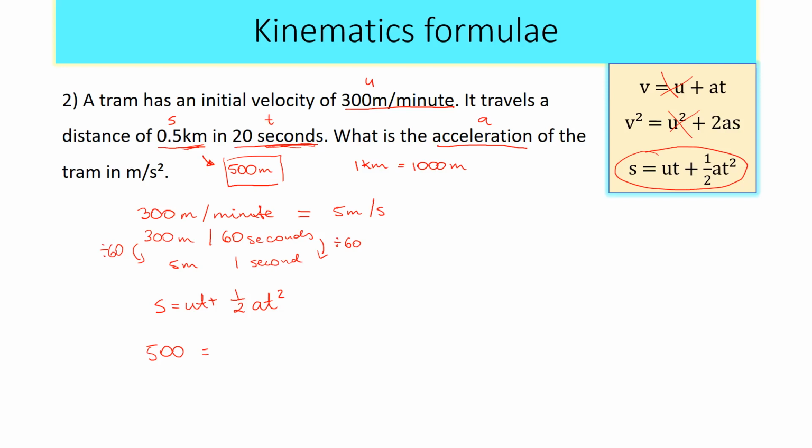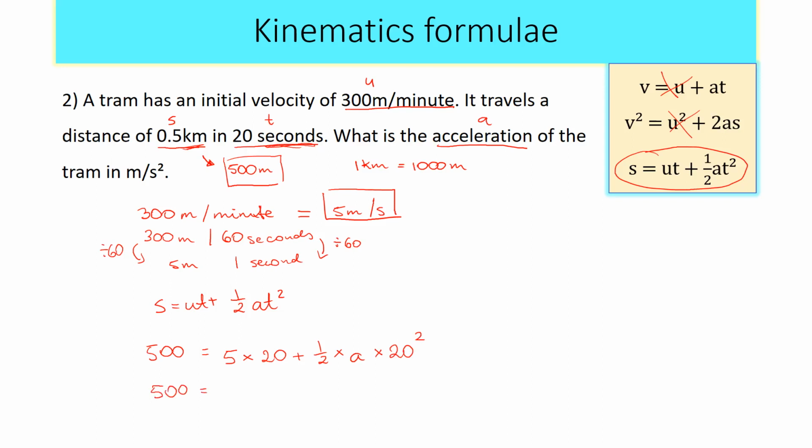Again, remember we want it in meters per second. So this is the one that we want to use. So that's 5, times time, which is 20, add a half times a, which is what we want to work out, times again time, which is 20 squared.